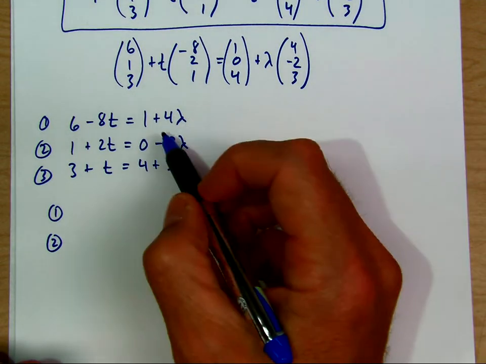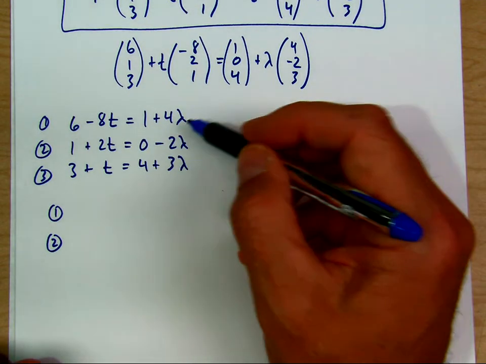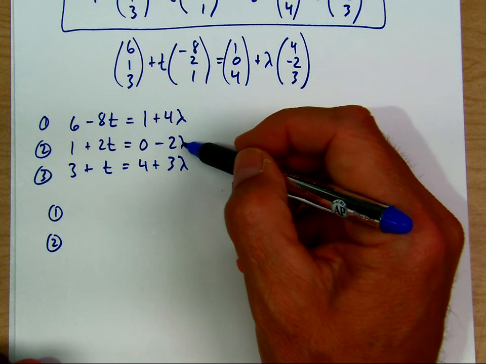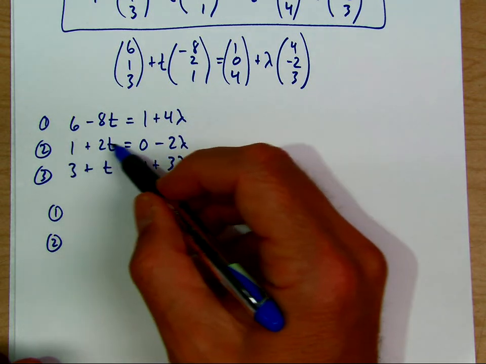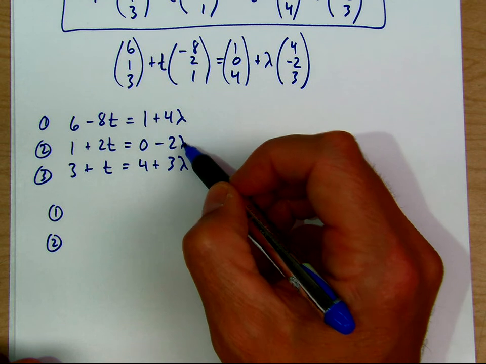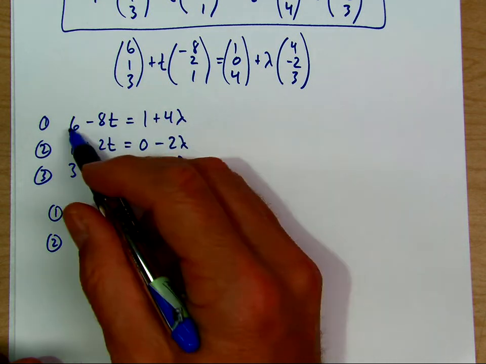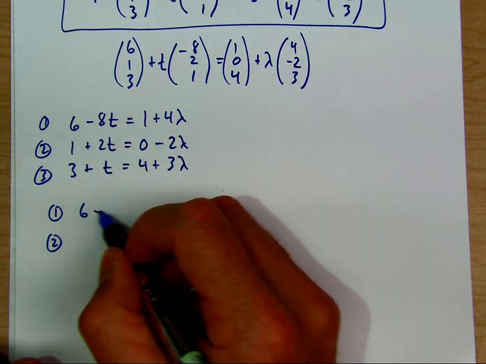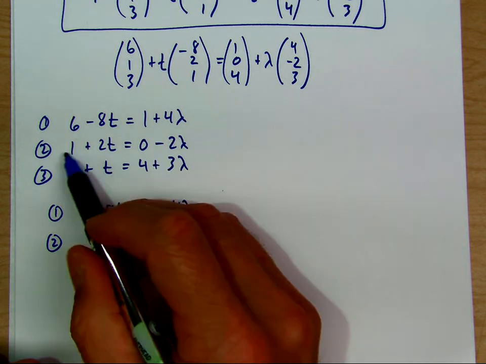We have to create opposites to eliminate the t, or we can create opposites to eliminate the lambda. Let's do the lambda. And to do that, we would multiply this equation by 2 to make a -4 appear there. So I'm going to copy equation 1 and multiply equation 2 by 2.